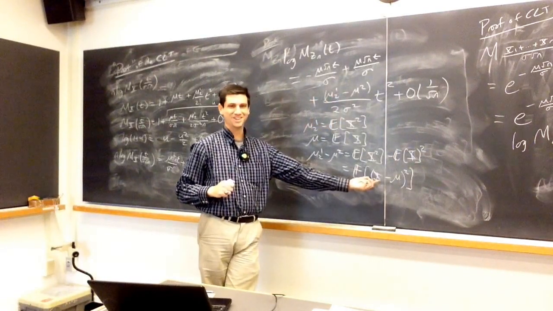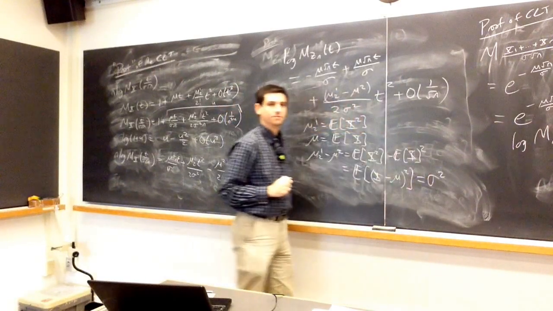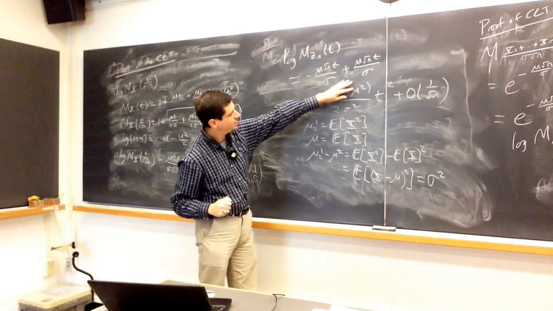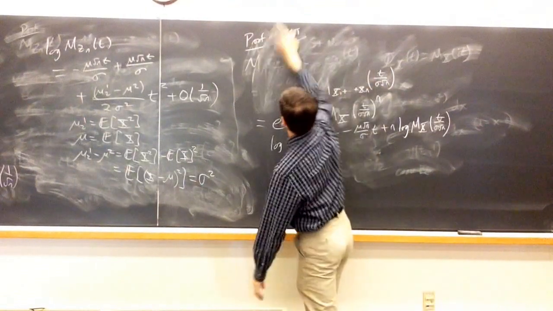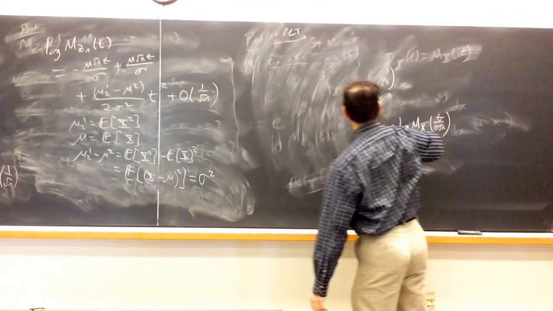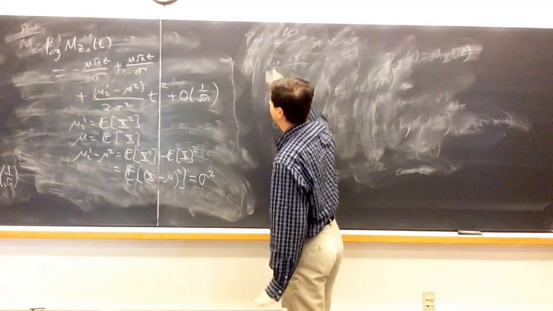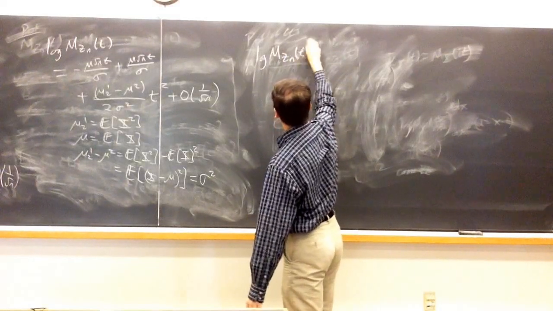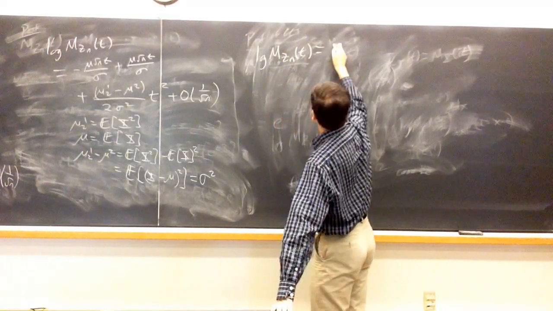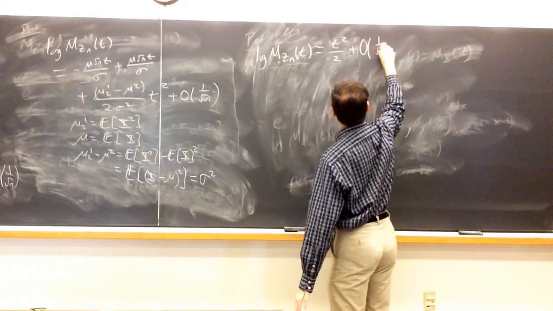And what is this quantity? That's just our sigma squared. So this quantity over here is just t squared over 2. We are really close now. So we now get that the log of mzn of t is equal to t squared over 2 plus something of size 1 over square root of n.